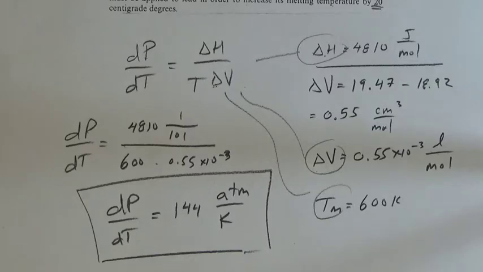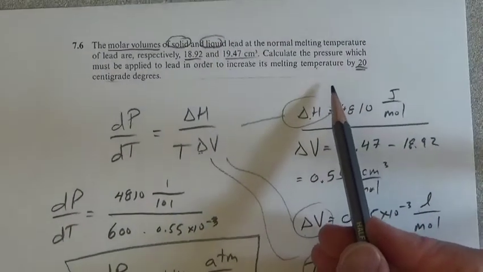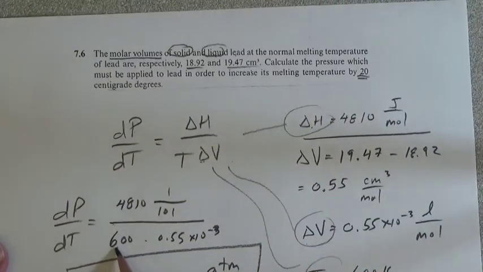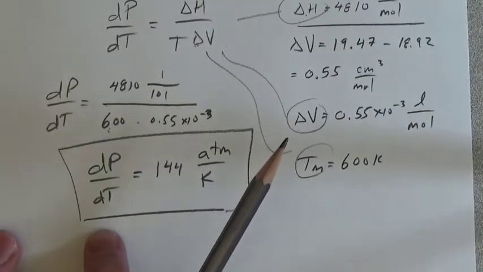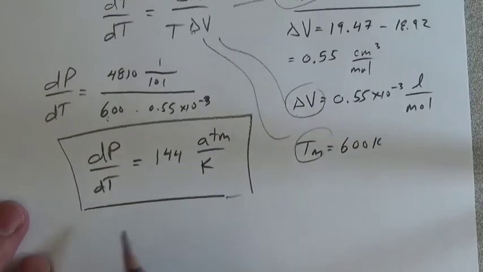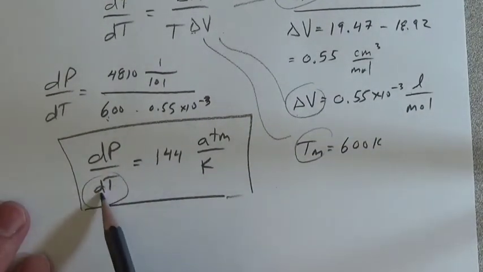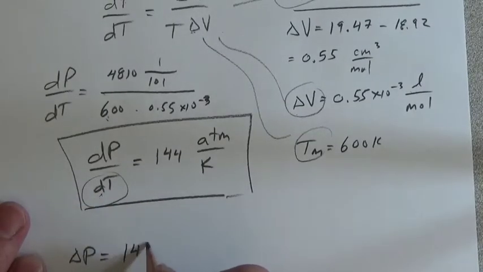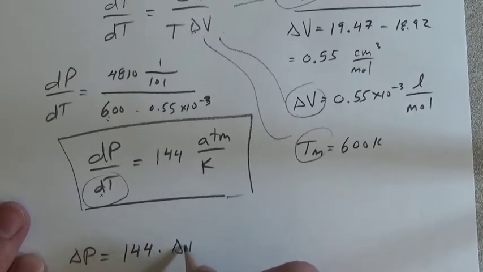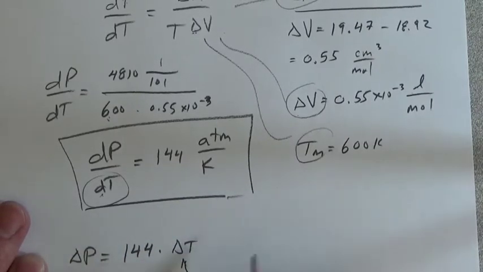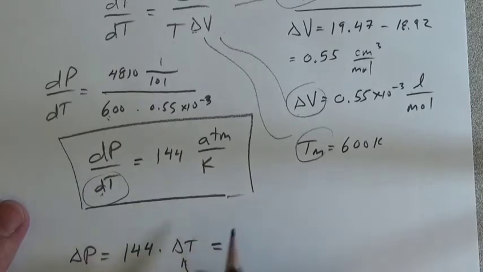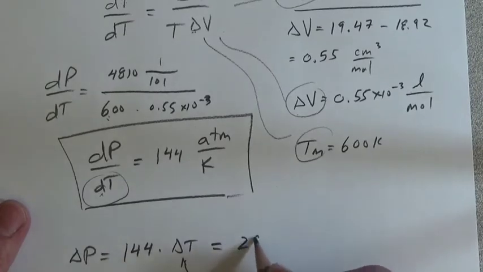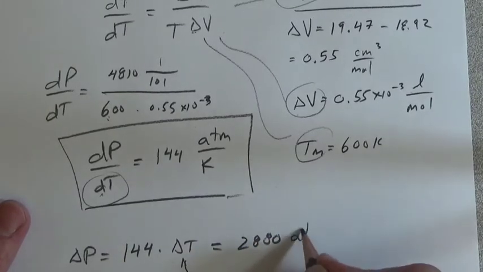There'll be small deviations with small changes, and 20 degrees is not a big change. 20 degrees out of 600, so we can treat this as constant, which means that now we have delta T, so we can say delta P is equal to 144 times delta T 20, or delta P is equal to 0.2880 atm.